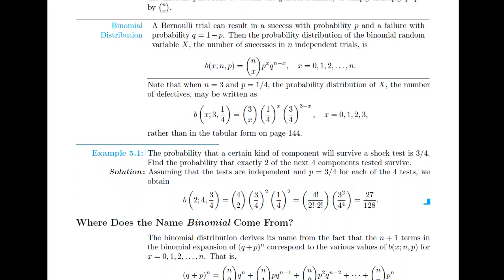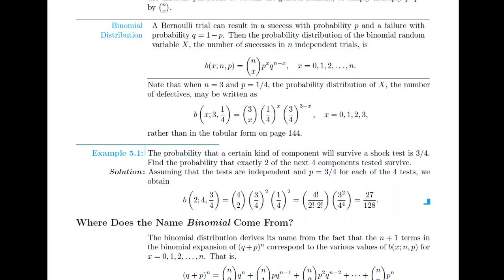Then the probability distribution of the binomial random variable X, the number of successes in n independent trials, is b(x; n, p) = n combination x times p^x times q^(n-x), for x equal 0, 1, 2, until n.